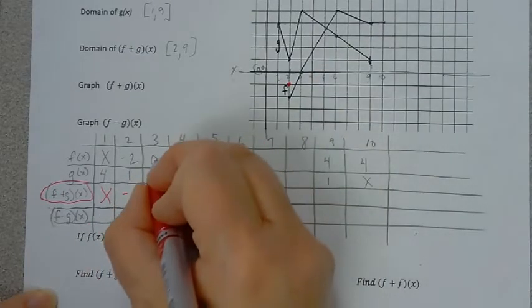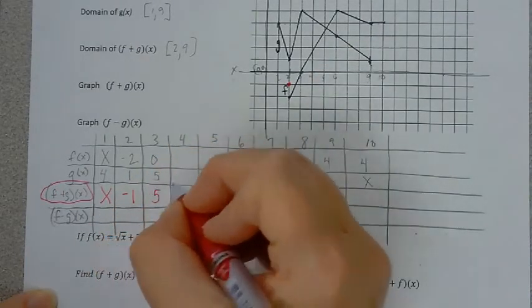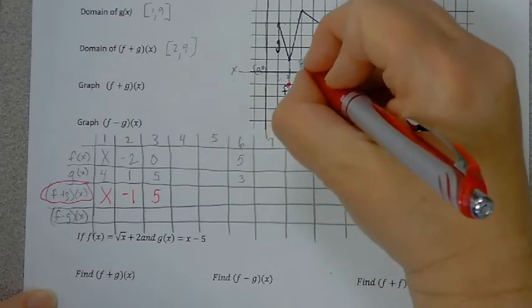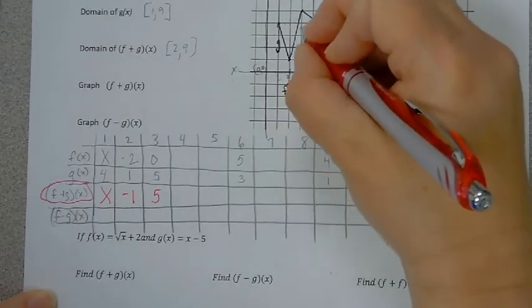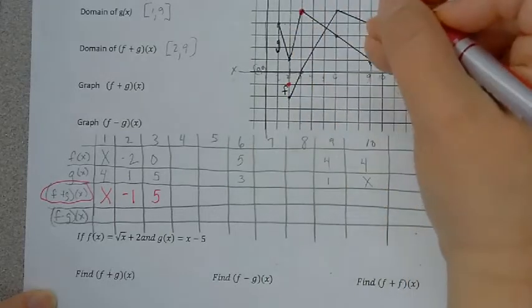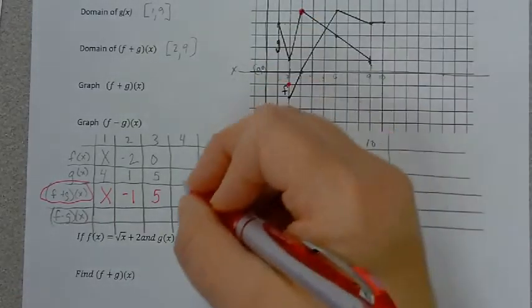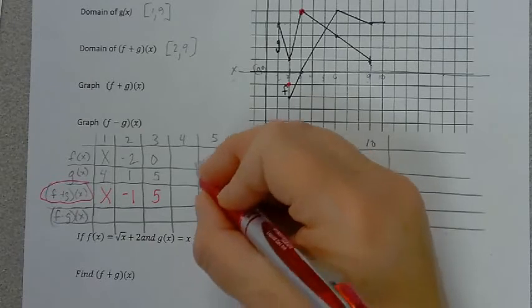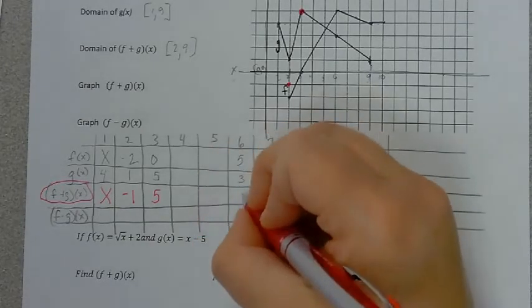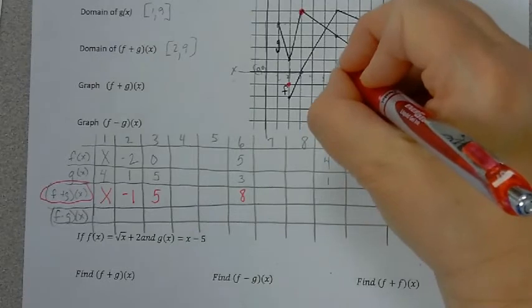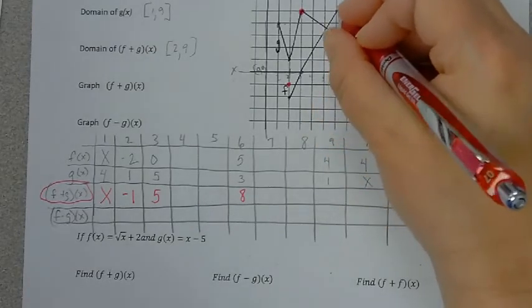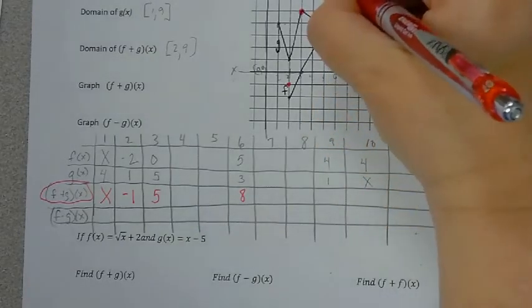At 3, I'm going to add 0 plus 5 and get 5, so at 3, I'm up here at 5. At 4, I don't know. At 5, I don't know because these were in between spots. But at 6, I'm at 8. I'm all the way up there.